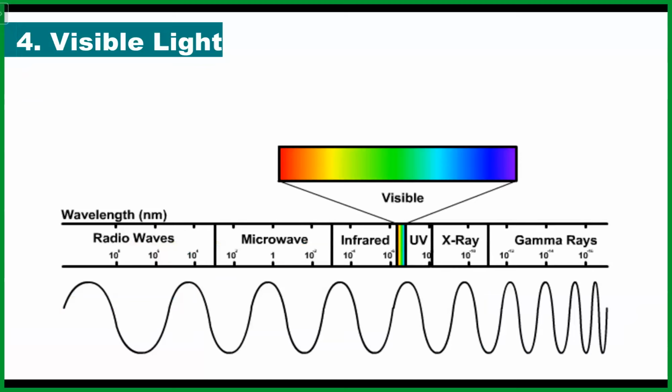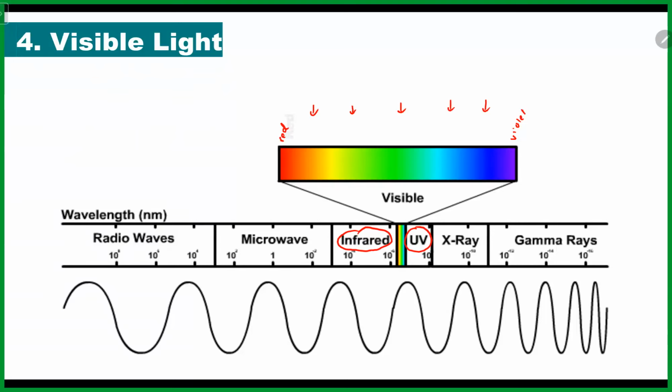And once again, it's extremely important to know how to arrange the 7 colors within the electromagnetic spectrum. So like I mentioned, keep in mind that red is closest to infrared and violet is closest to ultraviolet. And you should be able to fill in the five colors that come in between these 2.